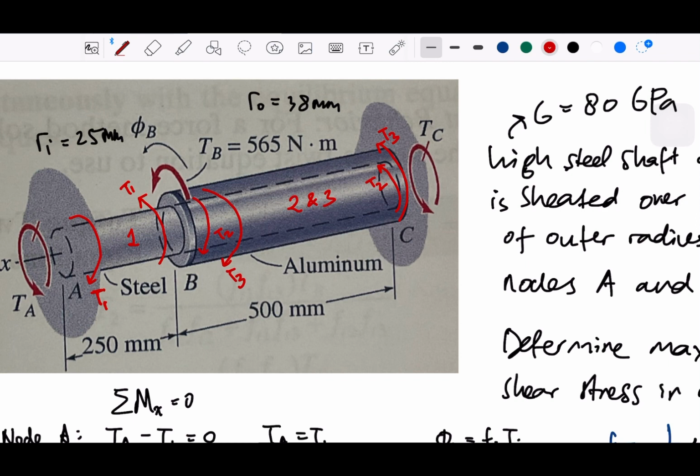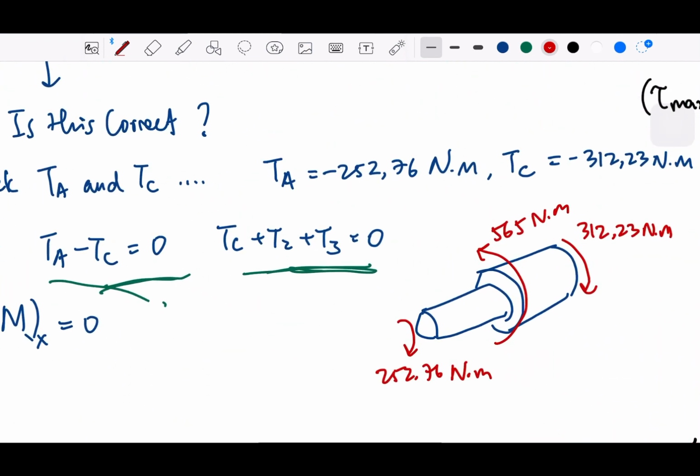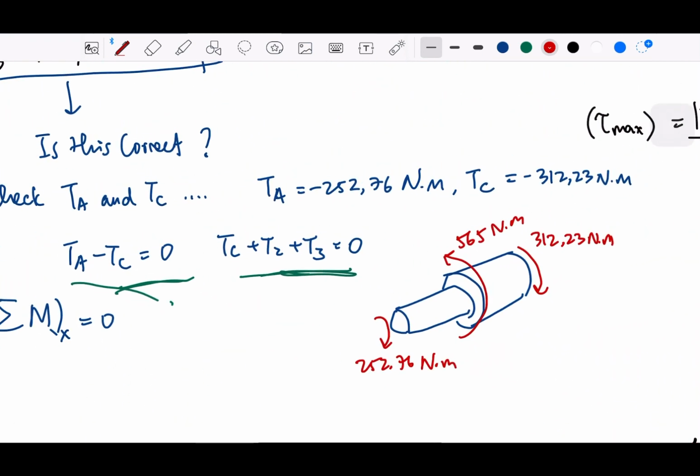So that's why at the end, when we check the result, these two are in static equilibrium with this middle torque, right? And that's why the answer is correct. So all this T1, T2, T3, the calculation is okay, because we can check that this is also true.